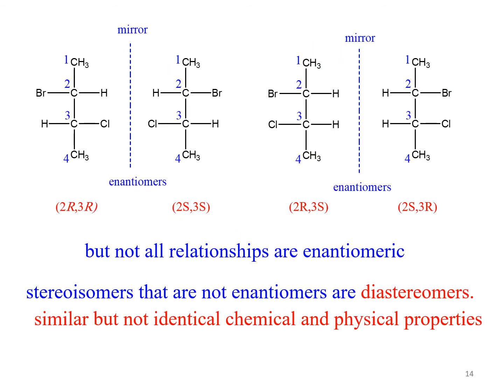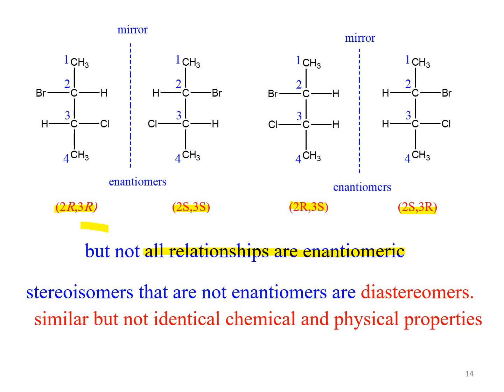So this one is a continuation of the previous slide. As we said, 4 different combinations can be there for this molecule of butane, and they are represented in this scenario. Now the thing to remember is that not all the relationships or combinations are enantiomers of each other, or we can say they are not enantiomeric.